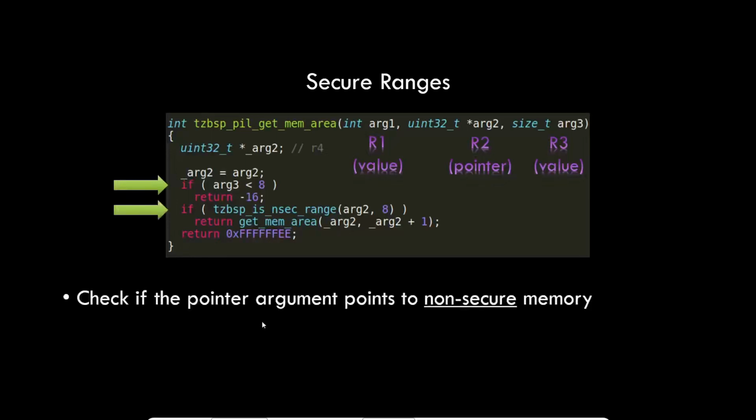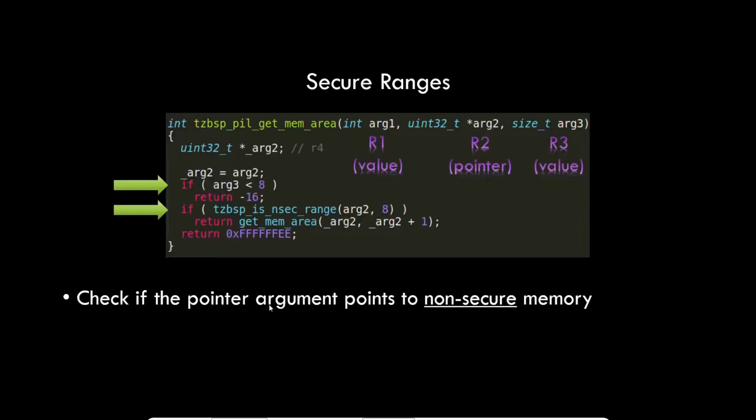There is also something really interesting here in the fact that the pointer is checked, so it is ensured, through the function tzbsp_is_sec_range, to belong to the REE memory. So this means that the TEE must have some kind of view of what is relevant, of what is to be protected, sorry, what is secure memory and what is not.